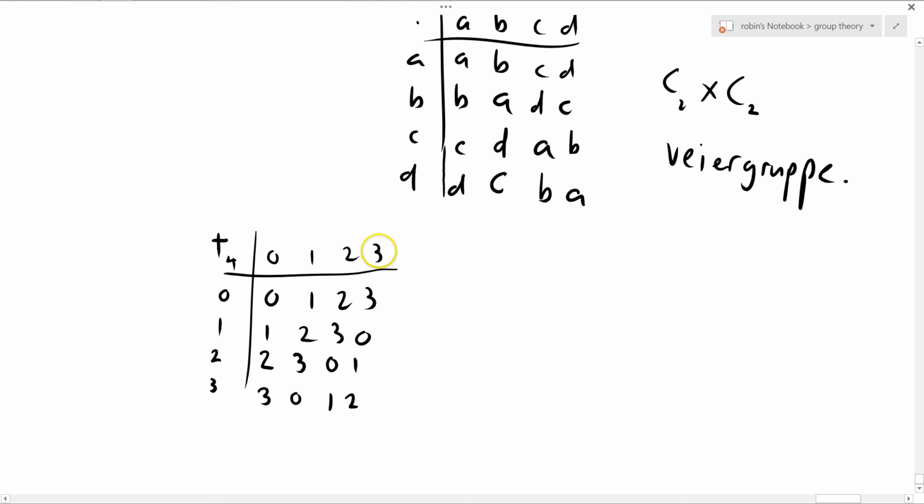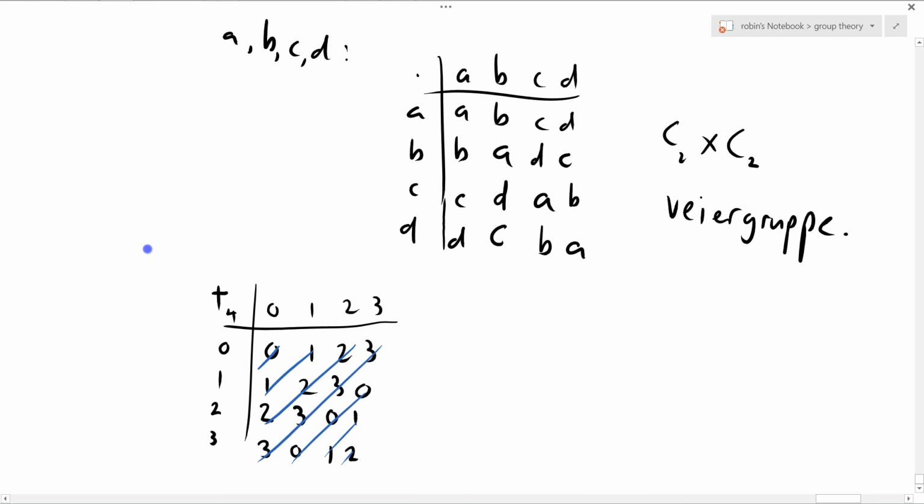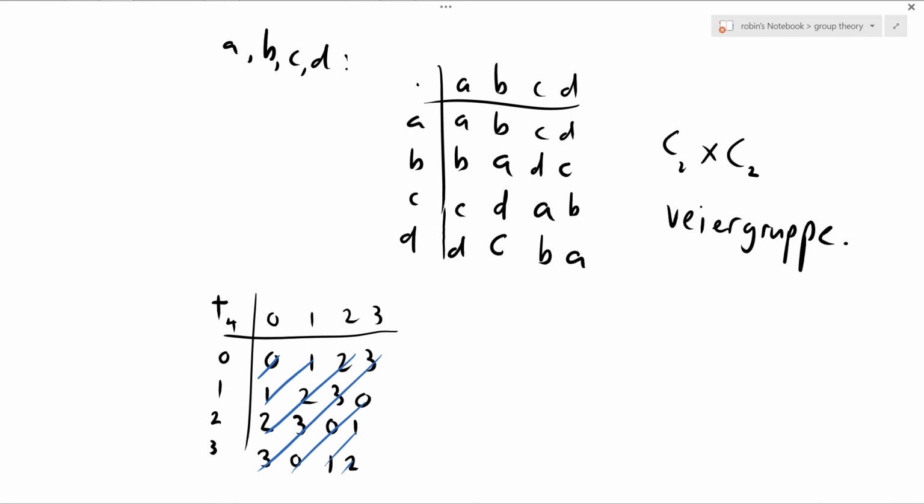So for example, 3 plus 3 is 6, which is 2 modulo 4. You'll see that this one has stripes going down of constant values, and you don't get that same pattern turning up here at all. So they're different groups, and there's no way you can rearrange these to have this phenomenon occurring.